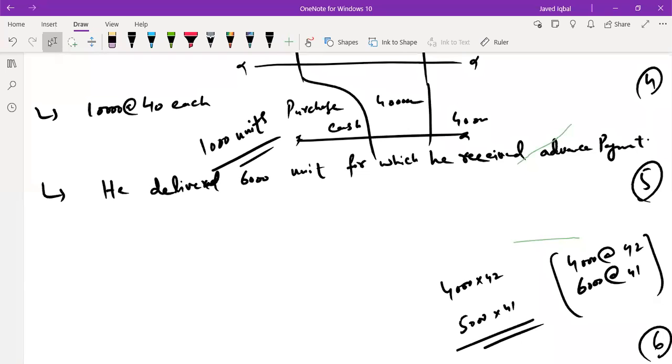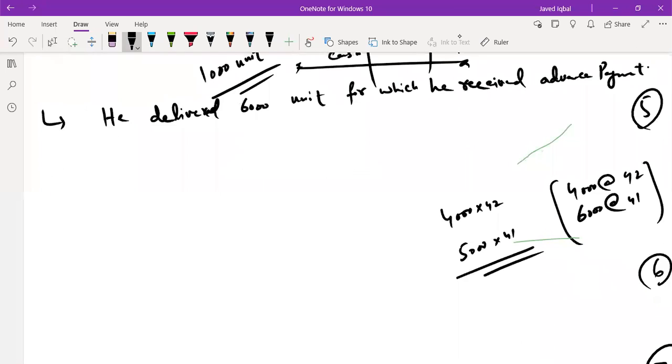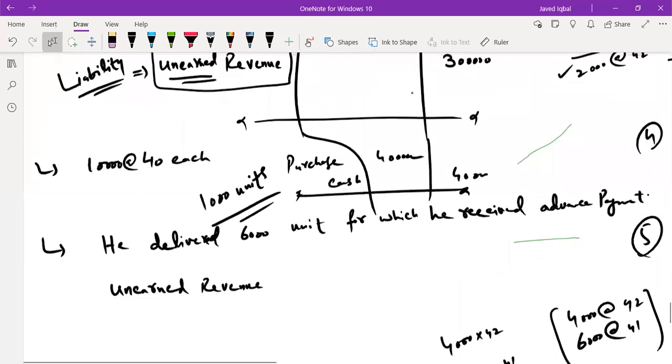So here you are generating your revenues. So your unearned revenue, which was your liability, will now be debited, means you are paying this liability now, right? So this unearned revenue will be debited by how much? The amount was 300,000.